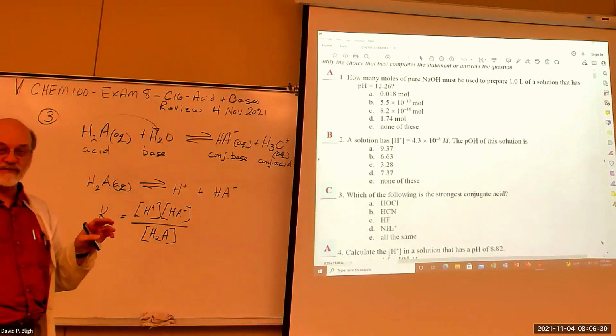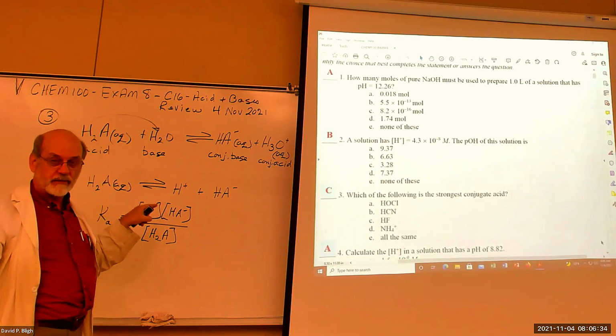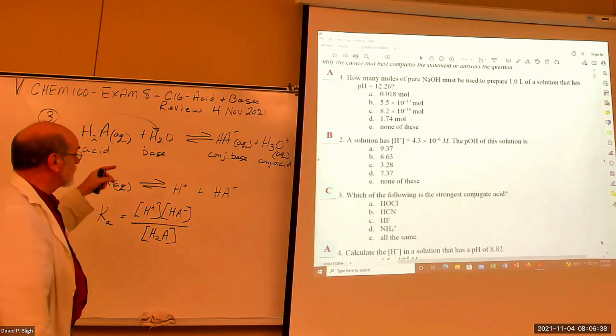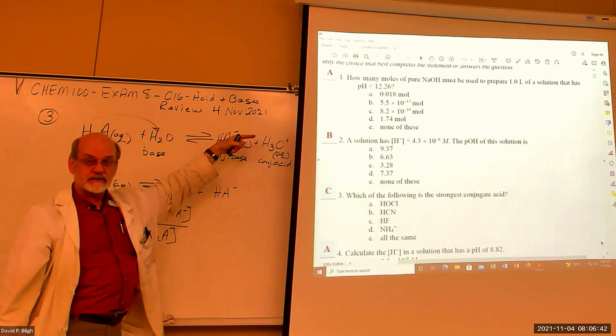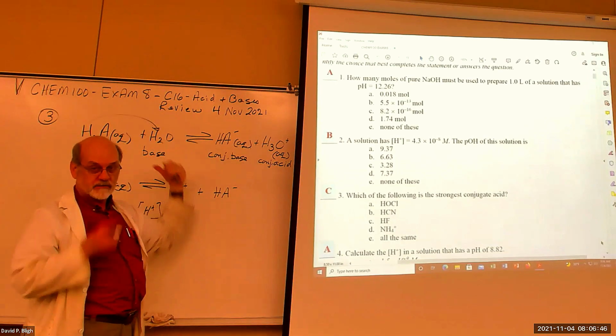That's what the square brackets mean. The concentration of that species once equilibrium is reached. And in short, equilibrium just means that the rate that this is produced in that direction is equal to the rate that it returns.